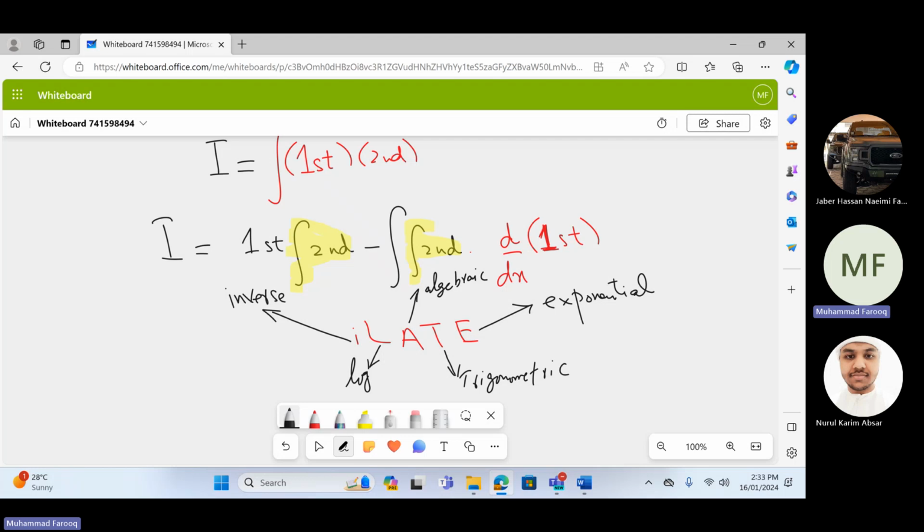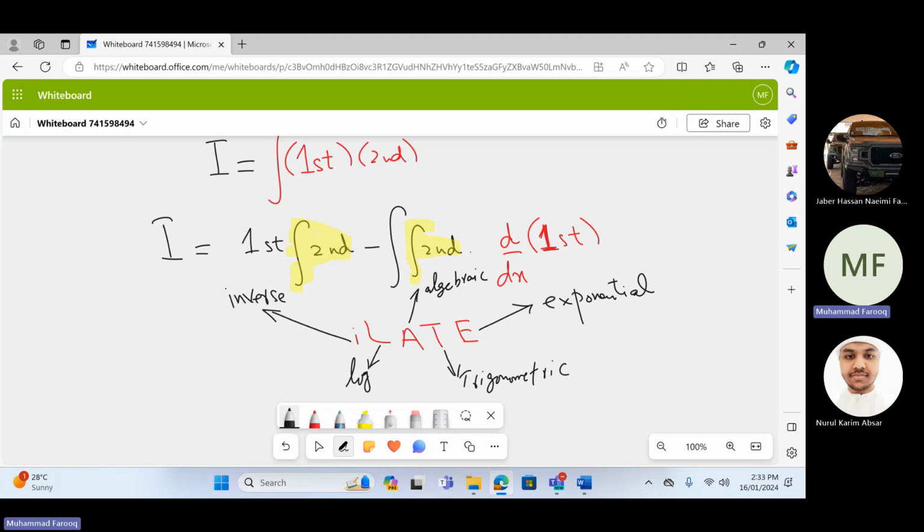Generally, what is the idea? Take as second the function whose integration is possible or easy to calculate, because when you apply this rule, you need the integration of the second function. Good. Let's start now.